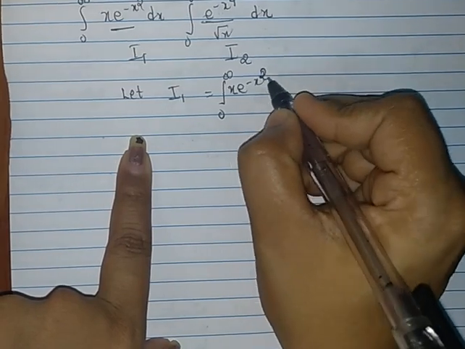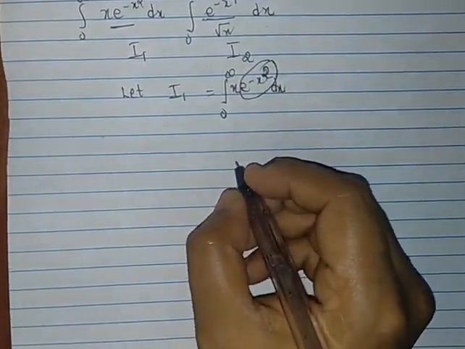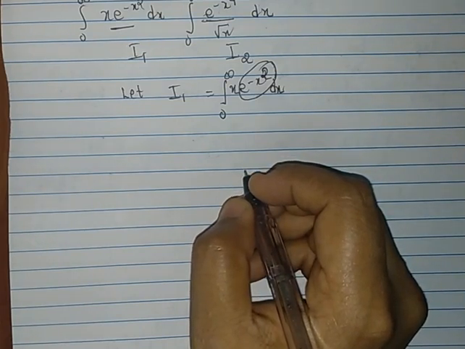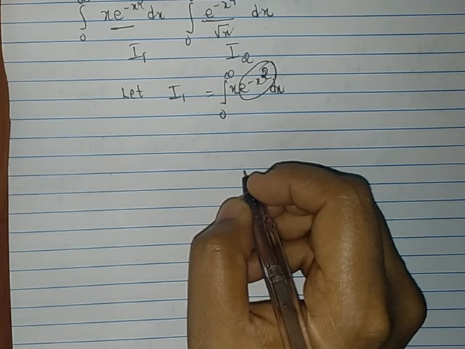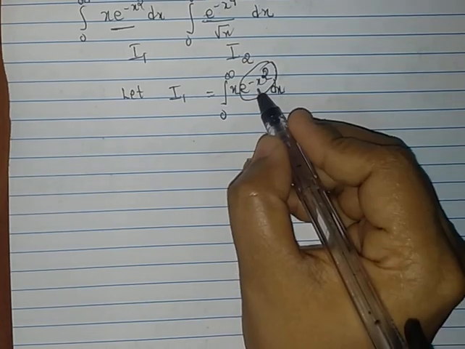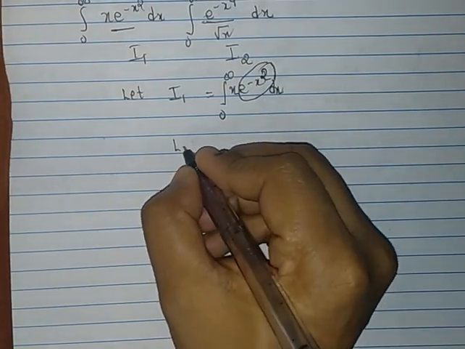Now here I have e raised to minus x square. For the exponential term raised to something, the coefficient should be minus 1 and the power should be 1. Now the coefficient is minus 1, no problem, but the power is not 1, so we'll make a substitution.